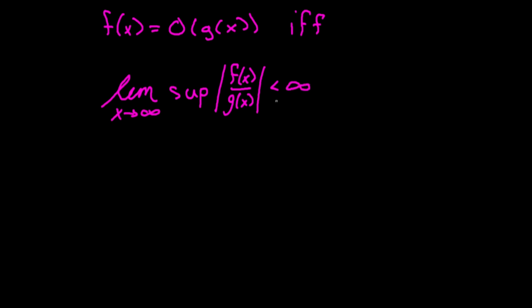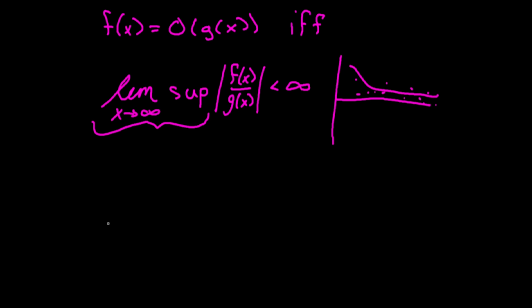So if it comes out to be some constant, or if it comes out to be 0, then this is fine. Now you might be wondering, what is this thing over here? This is not calculus 1. What is a limit superior? A limit superior, in layman's terms, is if you have some function like this and then you have some sequence of points, it is talking about how often the sequence of points is allowed to go over your limit. But that's not important.